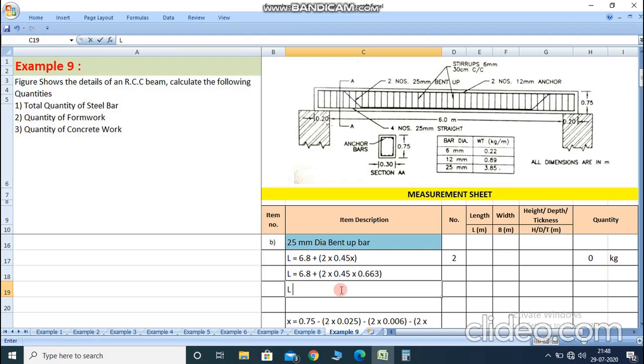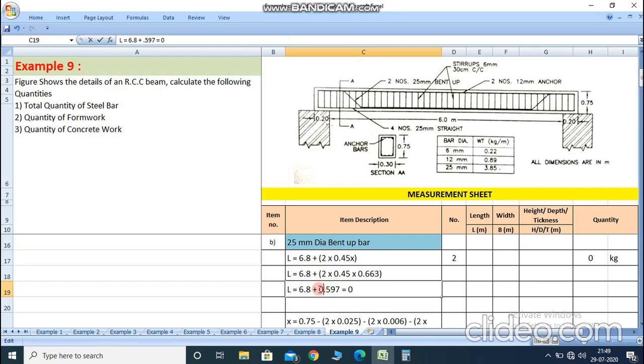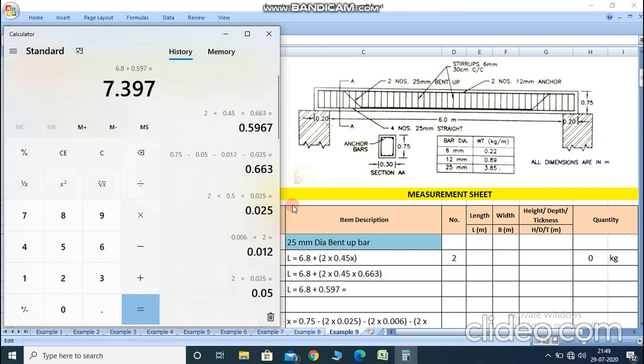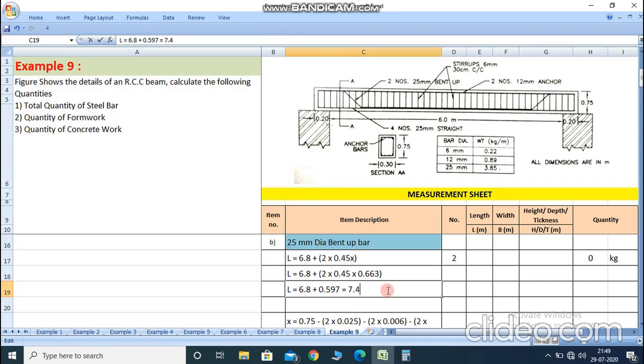So length is equal to 6.8 plus 0.597, which is 7.39, meaning we take approximately 7.4 meter. So the length is calculated as 7.4 meter.